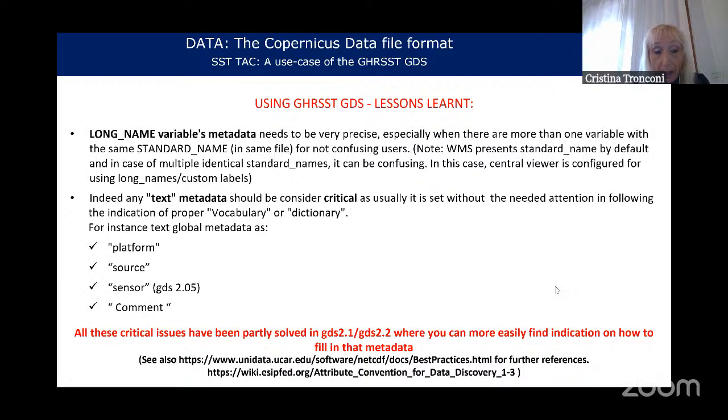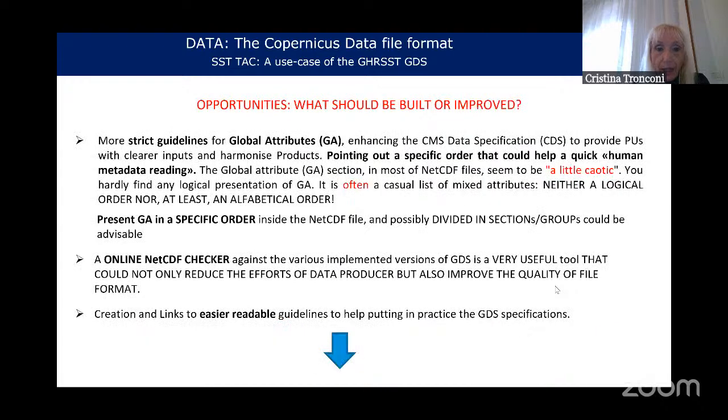All these problems that I have no time to list in particular, all these problems in using the GDS convention were partly solved in GDS 2.1 and GDS 2.2, but as I said before, a lot of things should be improved, and we need, as my colleague from the Australian Bureau said, a NetCDF checker, perhaps also an online NetCDF checker, not only a Python NetCDF checker, and easier readable guidelines to help putting in practice the GDS specification.